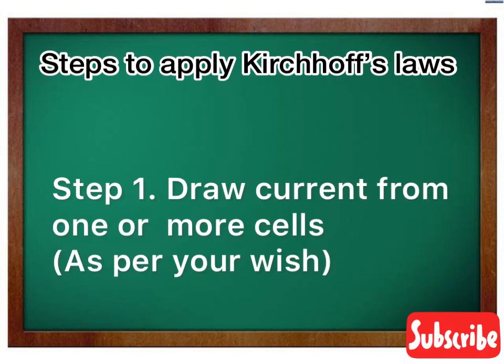First, we are going to see how to apply Kirchhoff's law. Step 1: you have to draw a current from one or more cells. Suppose, for example, in your given circuit network there are multiple batteries or cells connected. It is your choice from which cell you want to draw a current.